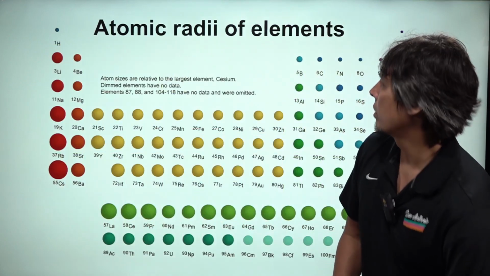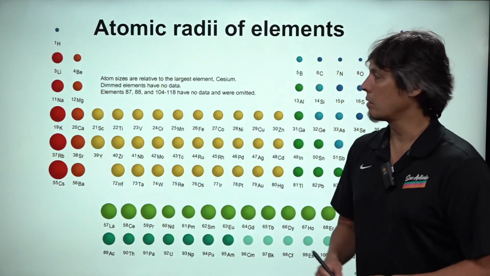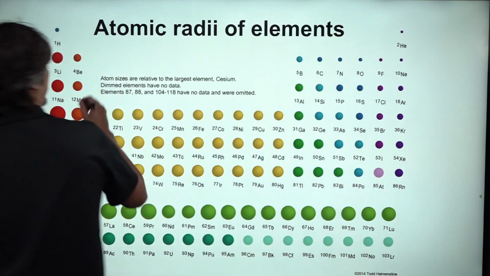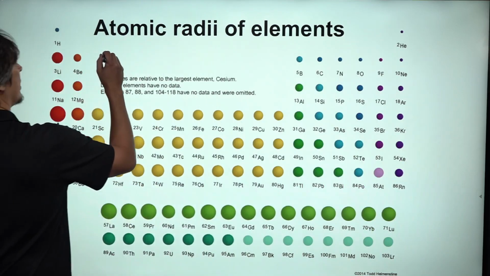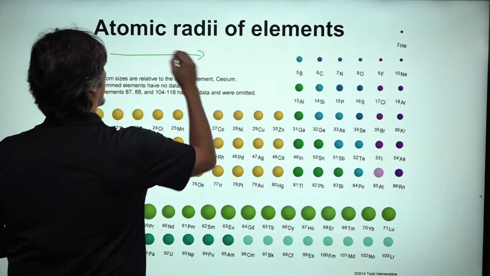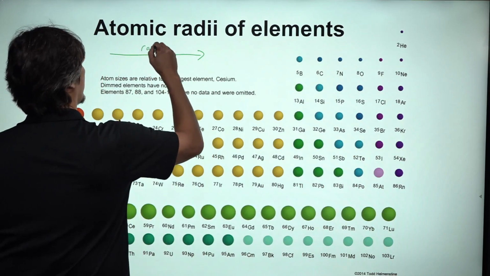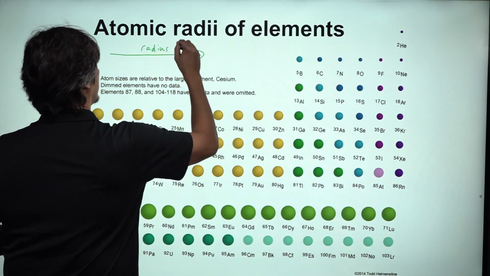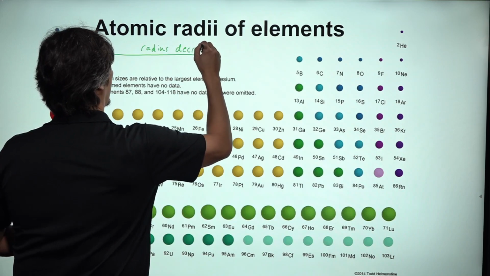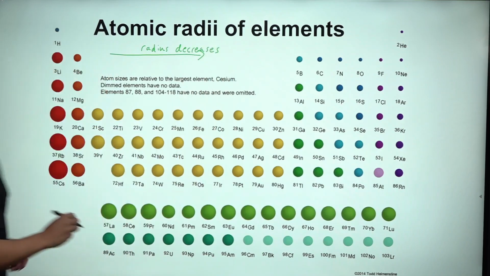for instance, if we look at the atomic radii of the elements, as we move across a period, you might recall that the radius decreases across a period.